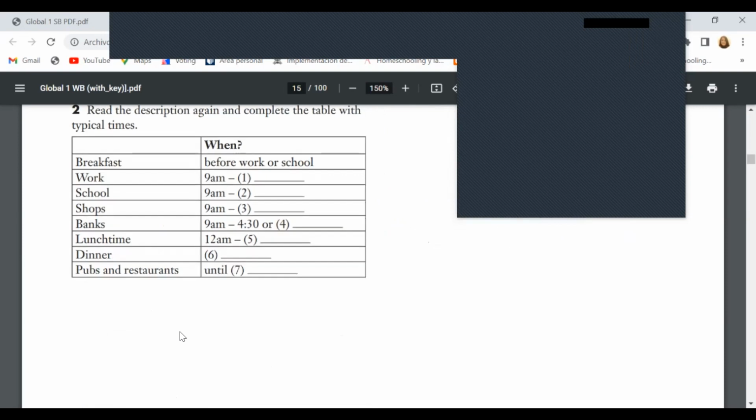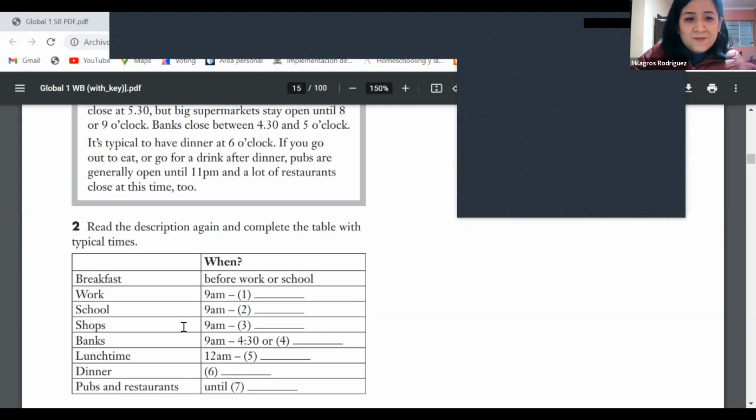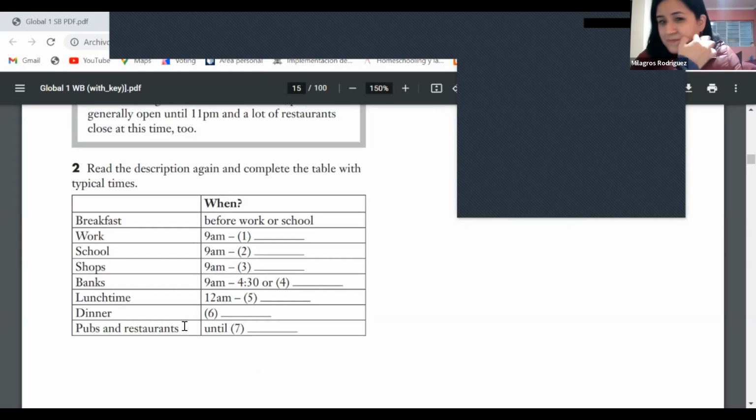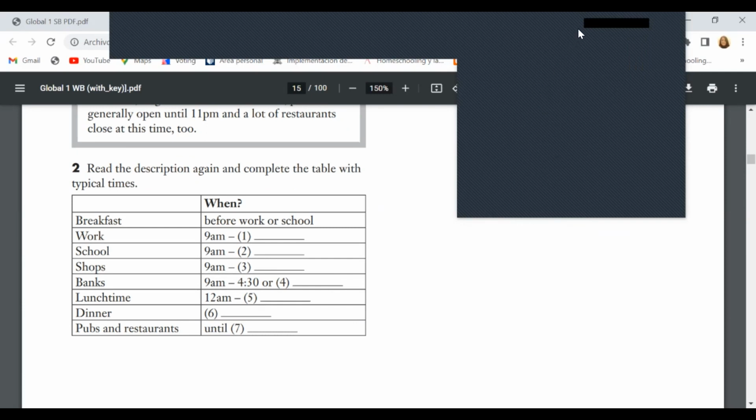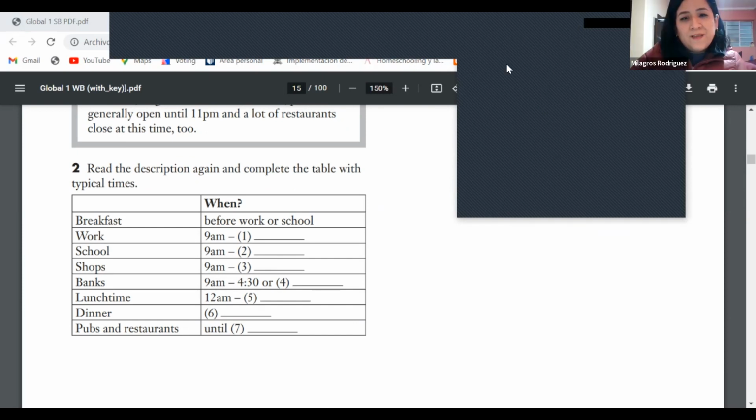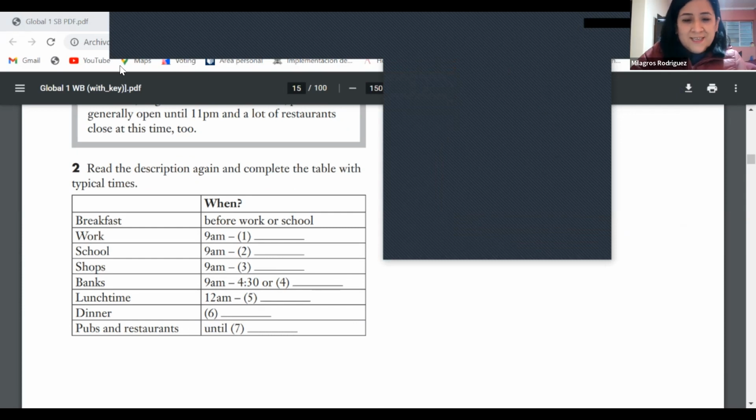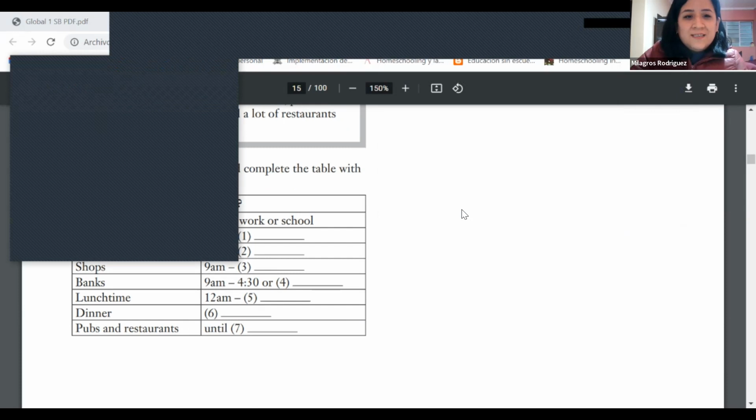The people go to pubs or restaurants until? In Peru? Yeah, in Peru? Until 12 o'clock. Midnight? Yes. I didn't know. And in the UK, a little early. Not early, but earlier than in Peru. Until 11, right? 11 p.m. Okay.